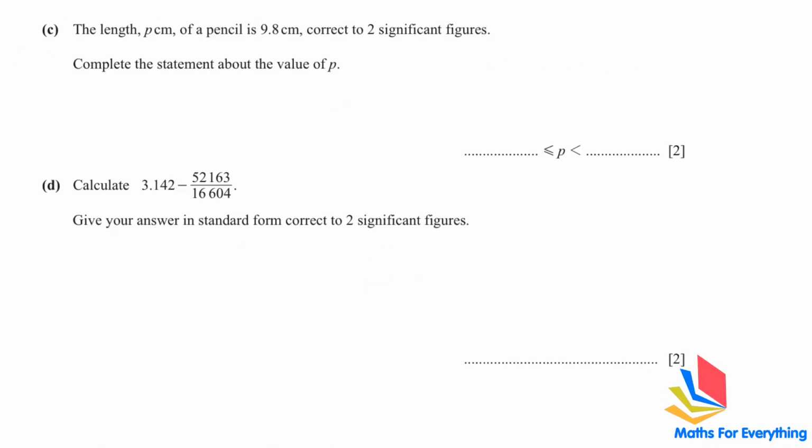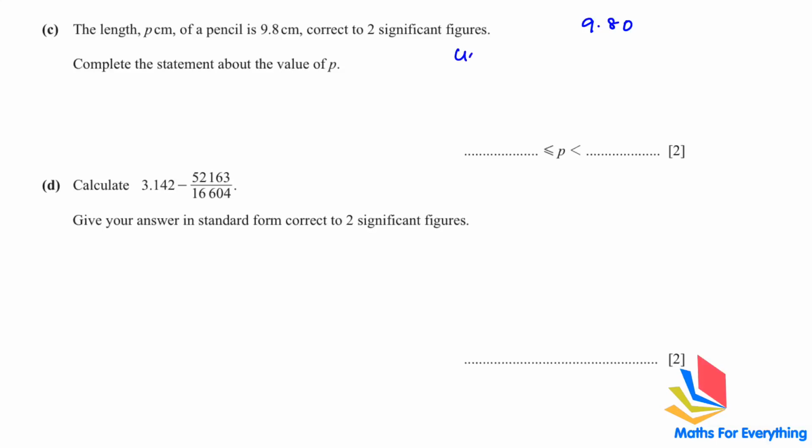Question number C. The length P centimeter of a pencil is 9.8 centimeter. Correct to two significant figures. Complete the statement about the value of P. So we know that two significant figures is 9.8. It is rounded to two significant figures, so there is a 0 here.